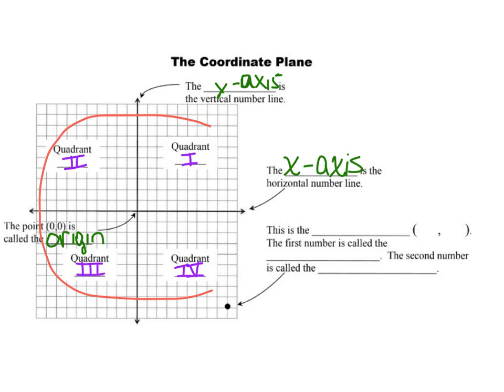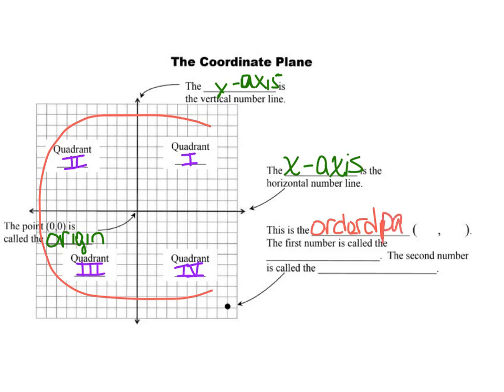So on quadrant 1, well, let's start with the fill in the blank over here. So it says this is the blank. So what they call this is an ordered pair. Sorry, the stylus is not really good.